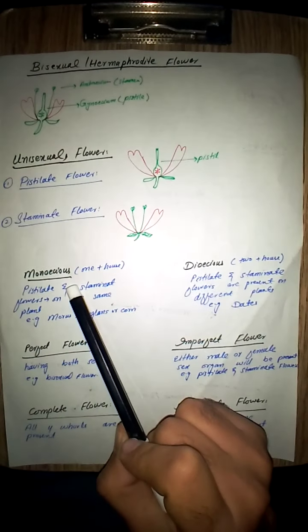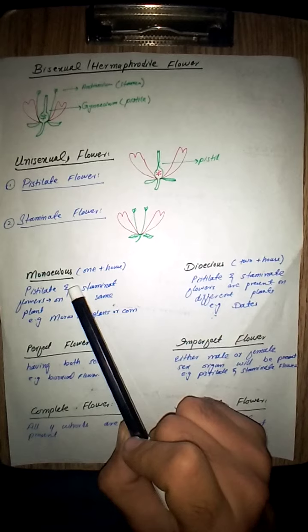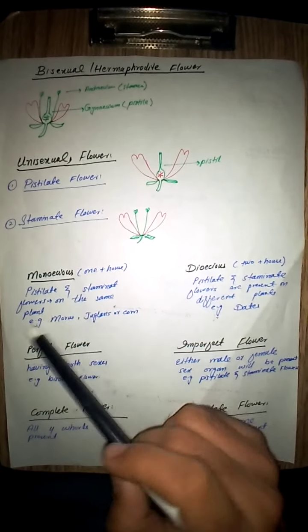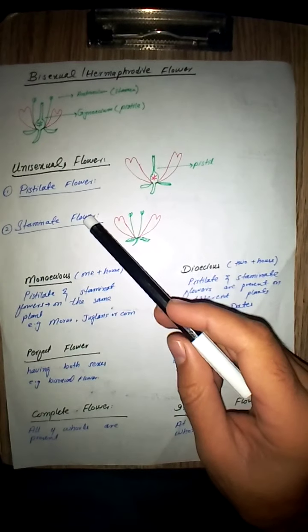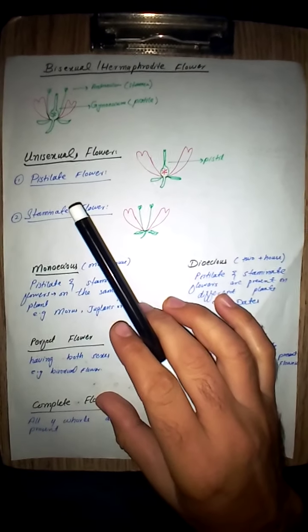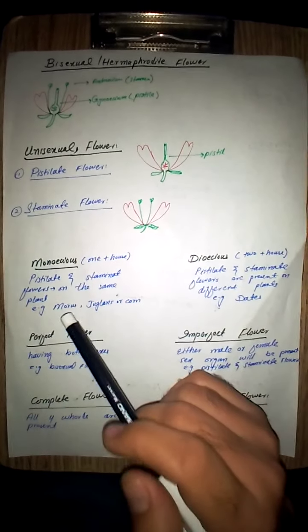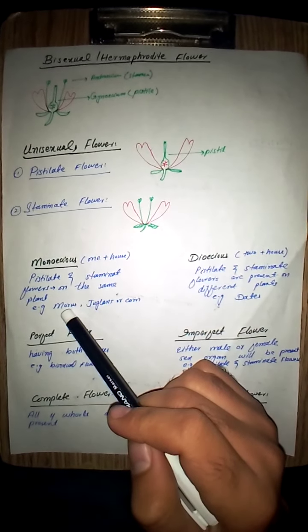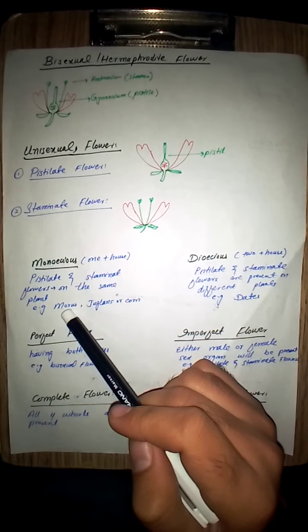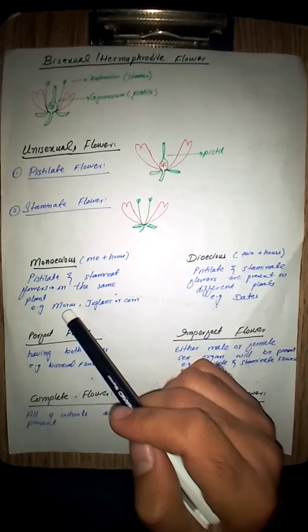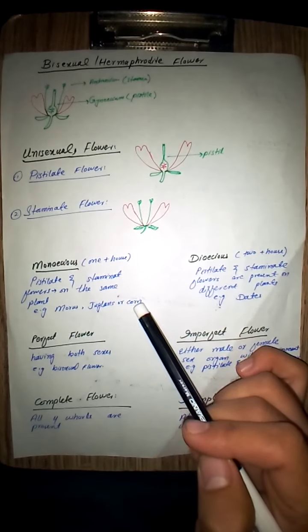On the same plant, two different types of flowers are present, either pistillate or staminate. The example is Morus. In Morus, the female and male flowers, pistillate and staminate flowers, are present. Also in Juglans or in corn.